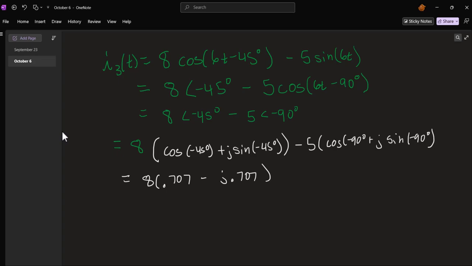My phasor is going to be I equals 0.012 angle negative 60 degrees, and I have an angular frequency of 62,831.